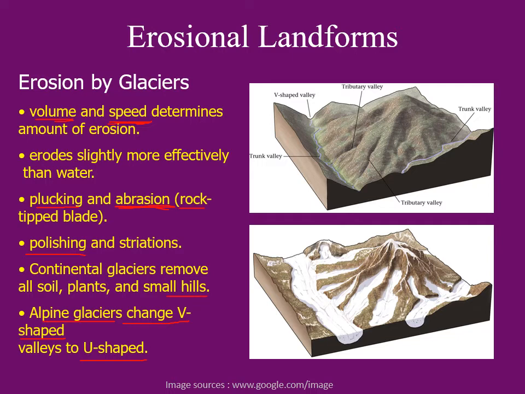Here it is a flow of river water in this V-shaped valley, and when it is occupied by the glacial ice mass, the shape of the valley changes from V shape to U shape. That is a fundamental difference between a glacial valley and a fluvial valley. The fluvial valley will always be V in shape, whereas a glacial valley is U shaped.